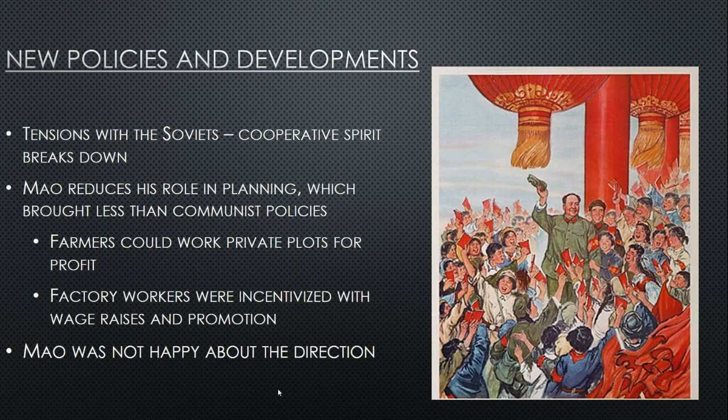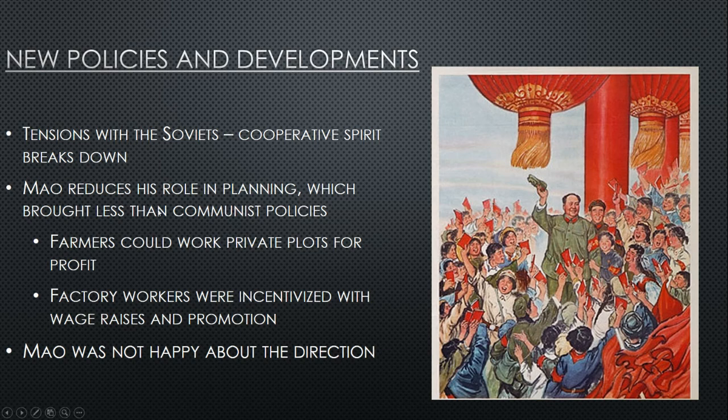In the wake of that, we are going to see new types of policies that try to resolve some of these issues, or maybe the shortcomings of the Great Leap Forward. A couple of other notable things to point out at this time: by this point, there have been tensions between China and the Soviets. There's a little bit of competition here as to who the great communist power is going to be.